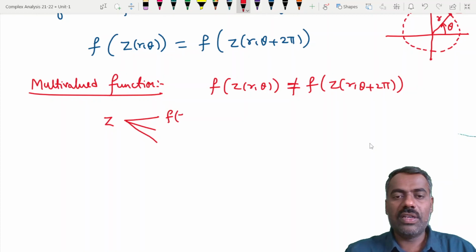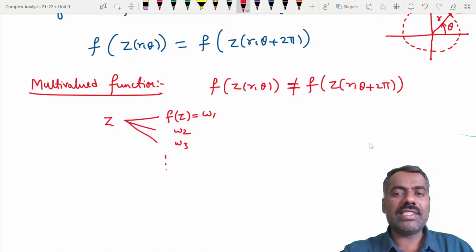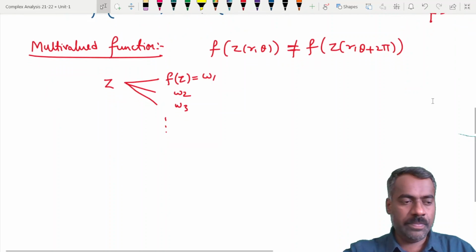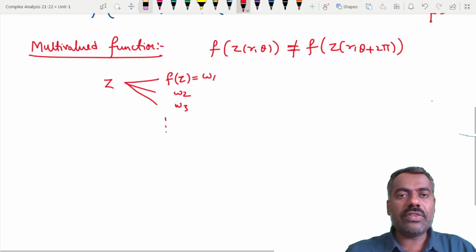So f of z, you can call it f1 of z, or w1, w2, w3, and so on. Then we say it is a multivalued function.